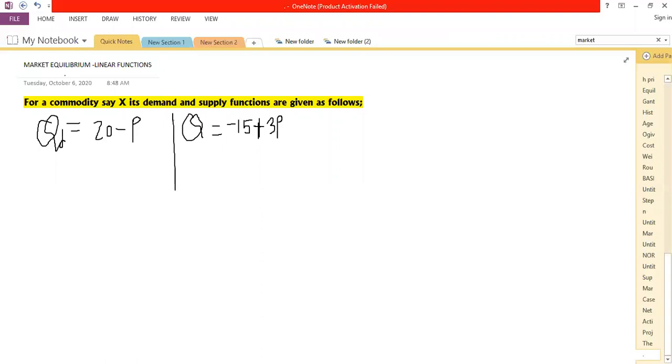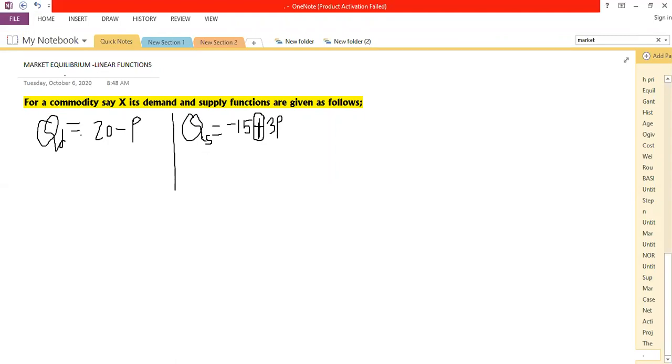If we have a relationship between these two variables, the quantity and the price, and they are showing a positive relationship, you can see this sign here being positive, therefore we can define this one to be a supply function.